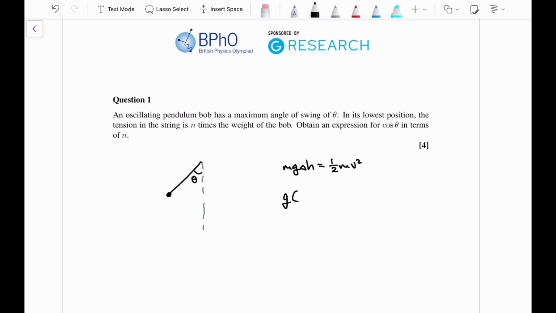Let's say the length of the string is L. I think we'll be able to cancel it out later. So the change in height will be L minus L times cosine of theta, and this is equal to half v squared.